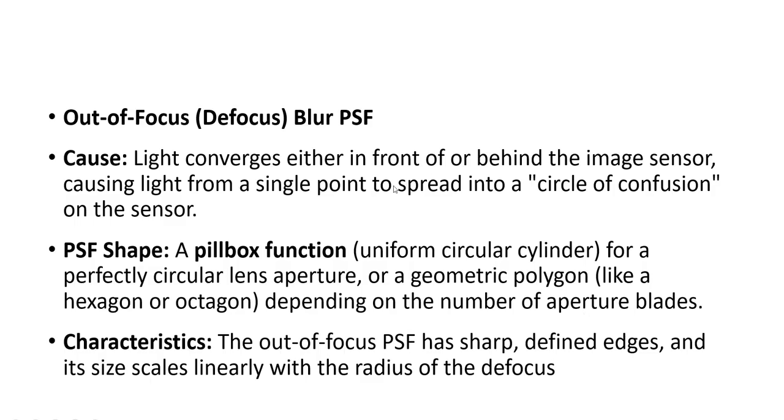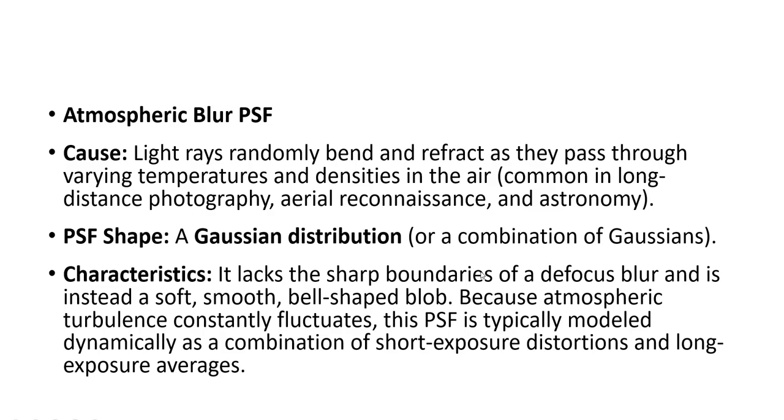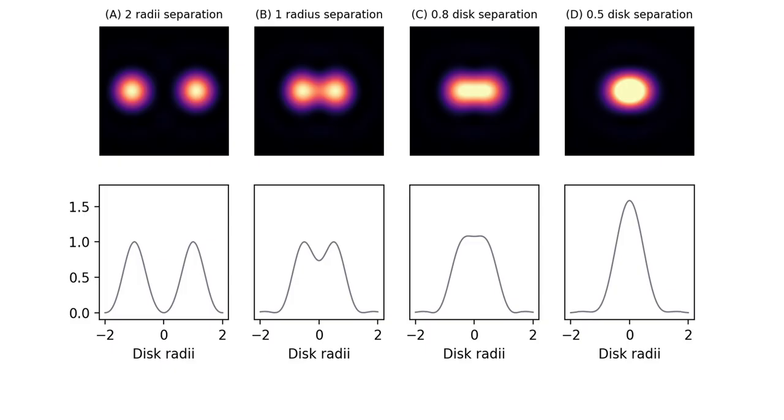Then there is out of focus blur, which causes a circular PSF shape like this, because it is out of focus. And then there is atmospheric blur, which causes a Gaussian distribution. These are the different kinds of blur that can be introduced in an image.